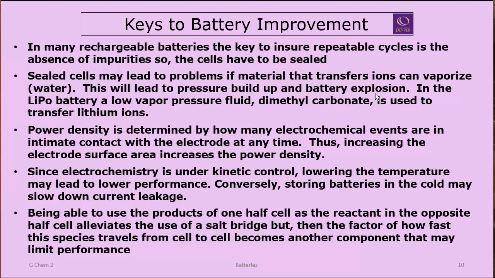So, thinking ahead to how batteries can be improved, the faster you can get those species to move from one cell to the other, the higher performance your battery can be.